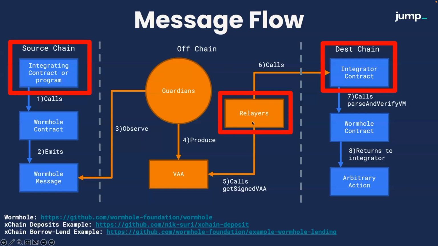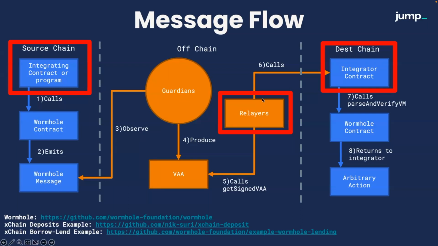And then in some cases, you also need to write or maintain your own relayer, which is a very lightweight process that will pick up the VAAs and deliver them to your contract that you've written on the destination chain. That requirement is soon going to be gone on EVM chains with the introduction of what we call generic relayers, but that's still under development.